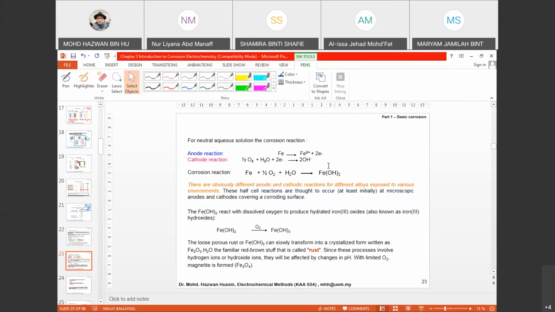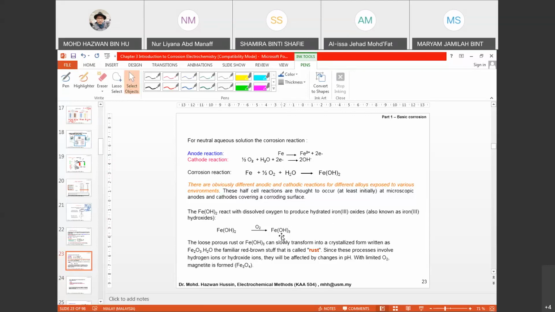This ferrous hydroxide is sometimes known as green rust. And ferrous hydroxide can easily oxidize to form a more stable product known as ferric hydroxide.